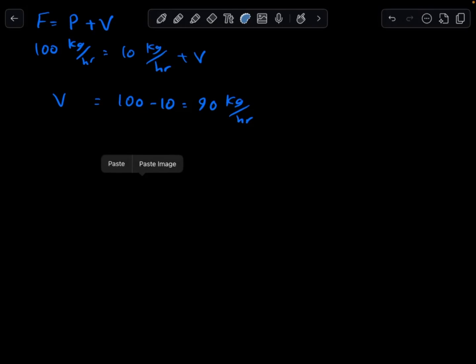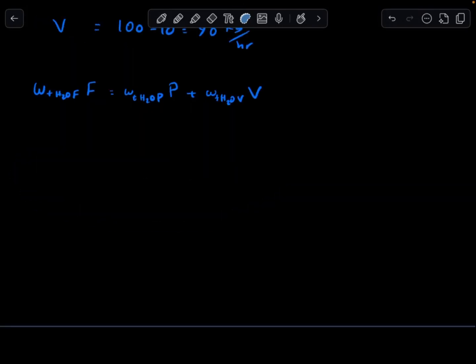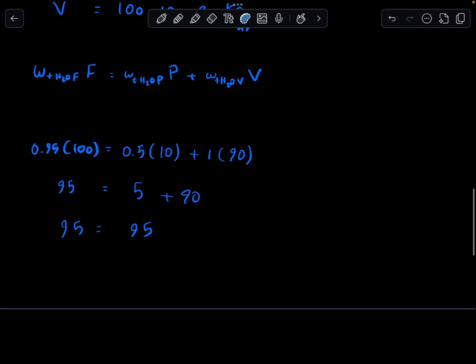For water, this is the following equation. Whatever is coming into the feed stream is coming out of the product stream and the vapor stream. We do the math. 95 kilograms per hour of water coming in, 95 kilograms per hour of water coming out. We have solved the problem correctly.